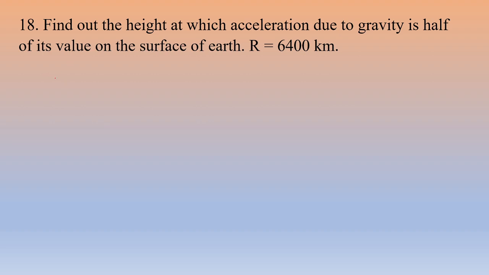First we have to write the expression for the gh. That is, gh is equal to g divided by 1 plus h by R whole square. Here we have to find the value of height at which the gh becomes g by 2, the half of the value of the acceleration due to gravity on the surface.